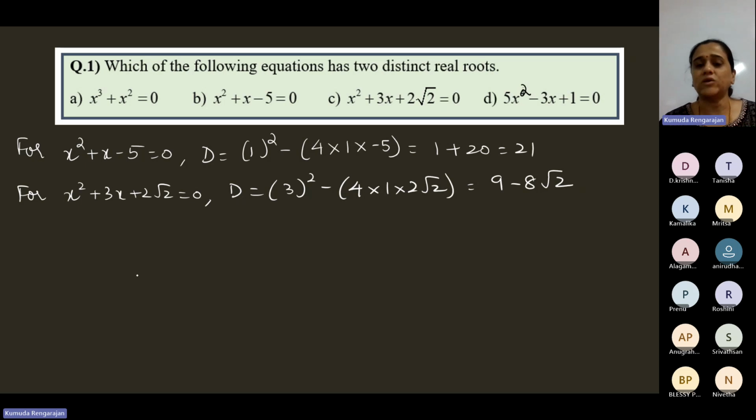So the value of the discriminant is negative. Now it looks like 9 minus 8, it's positive. No, it's not positive. 9 minus 8 root 2: the value of 8 root 2 is more than 9. So the value of D is negative there, which means no real roots.